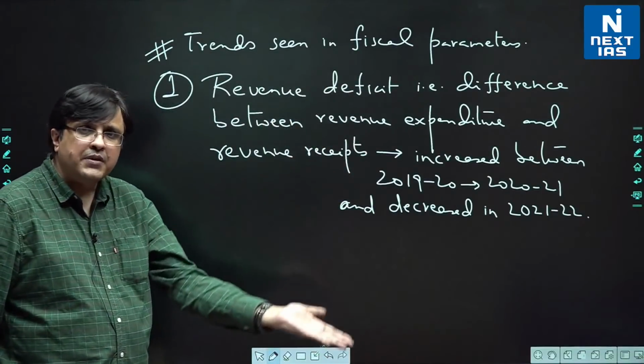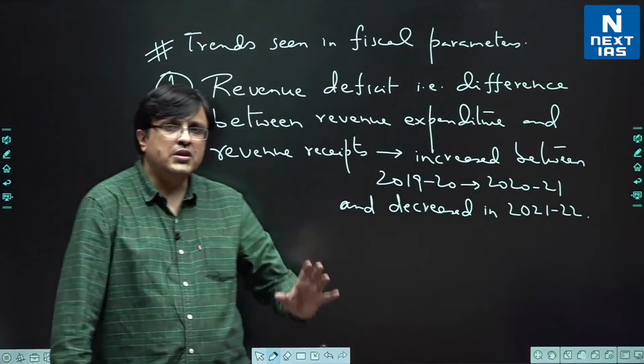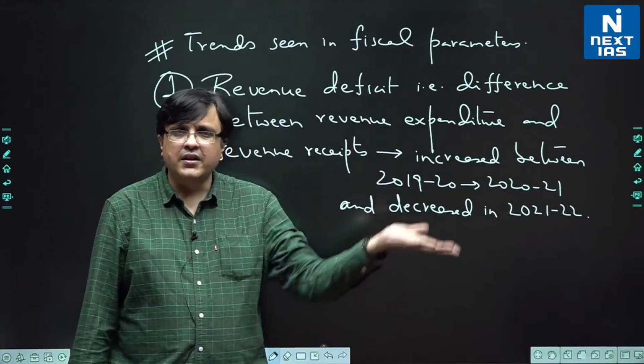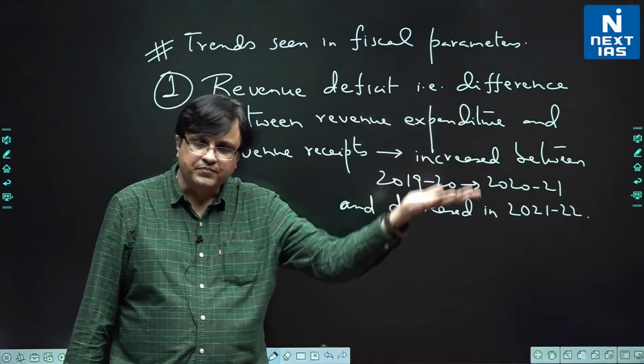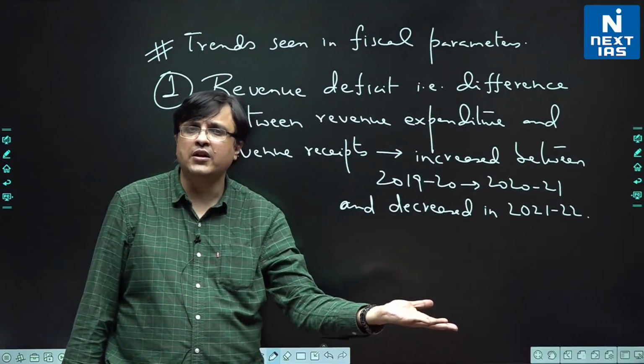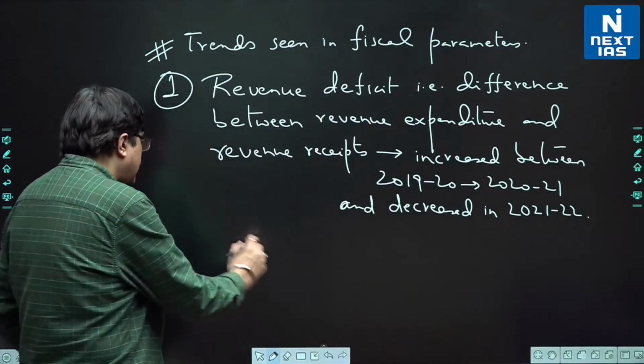So the trend is: went up, came down. It increased drastically in 2021, and has come down in 21-22.